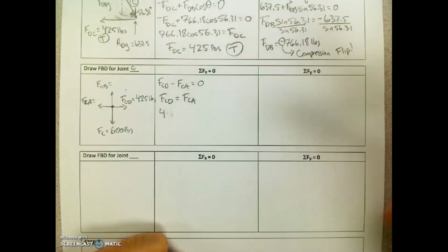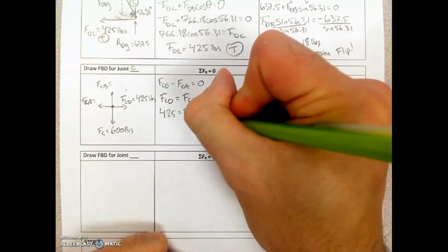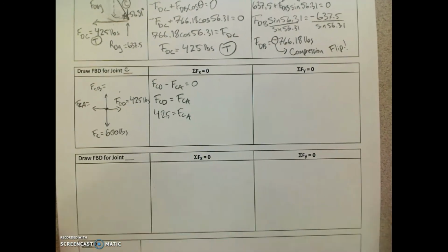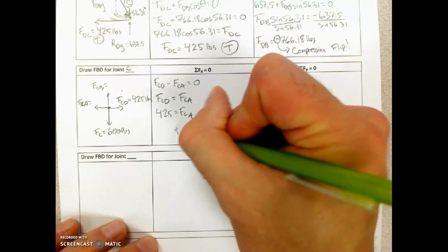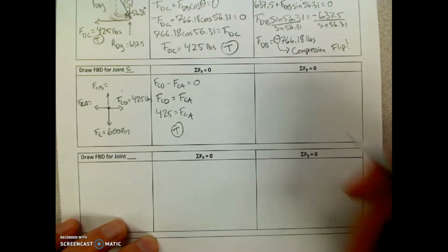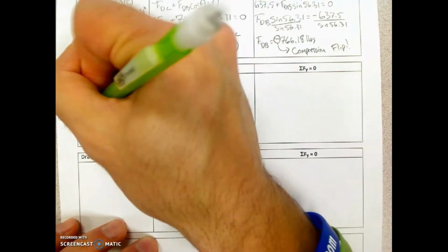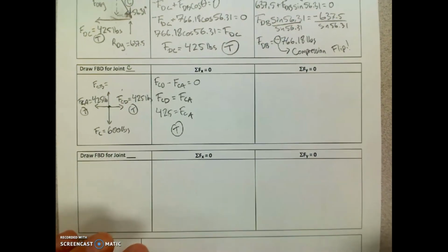And of course I mess up on writing the value, saying how easy this is. So we know that FCA has to be 425 pounds. And since that turned out to be positive, we know that guy's in tension. Beautiful. So let's record that onto our force diagram. We know that guy's in tension. I guess we know that guy's in tension too.